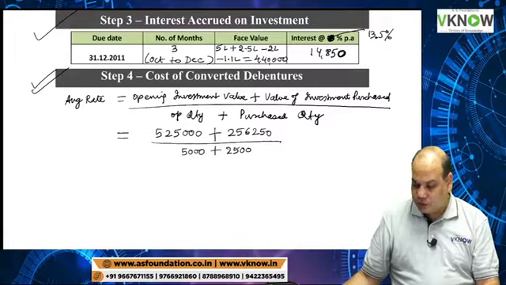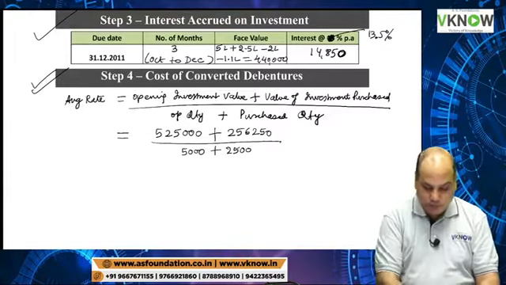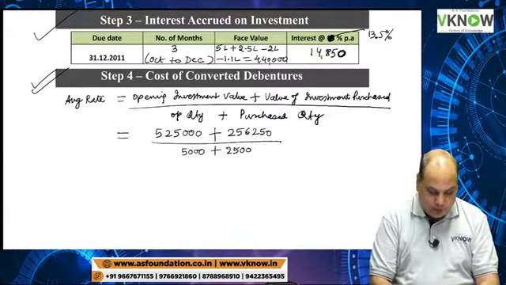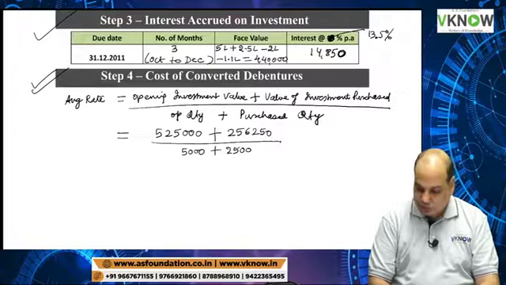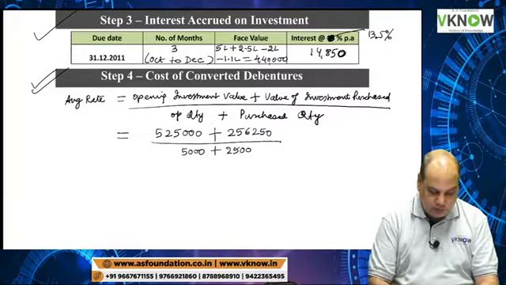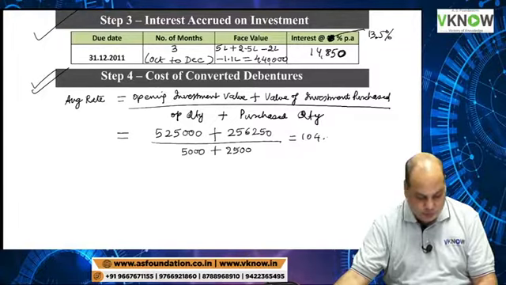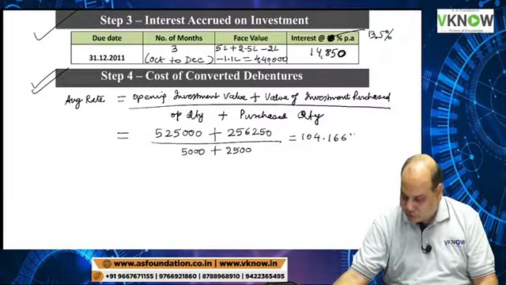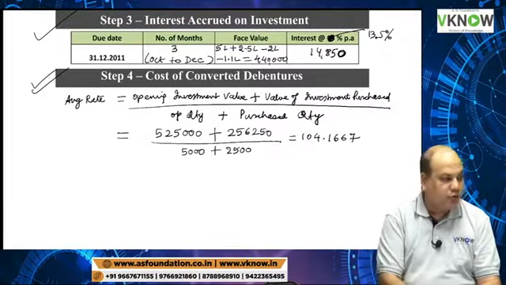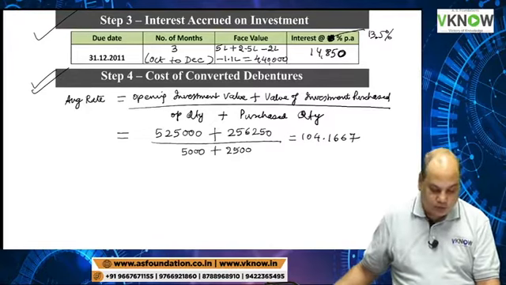So now you have to take the calculator and add first 5,25,000 plus 256,250 divided by 7500. So this comes to 104.1667.